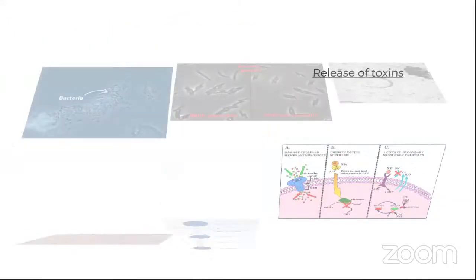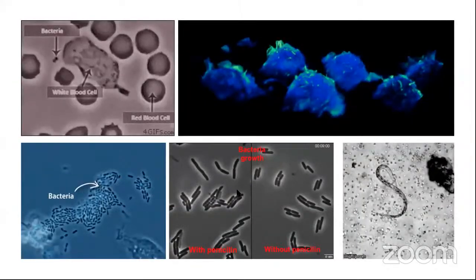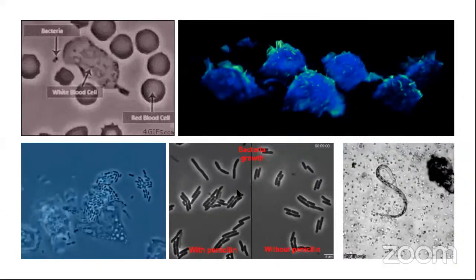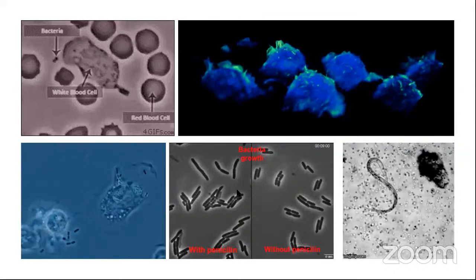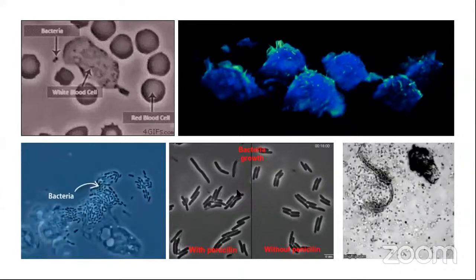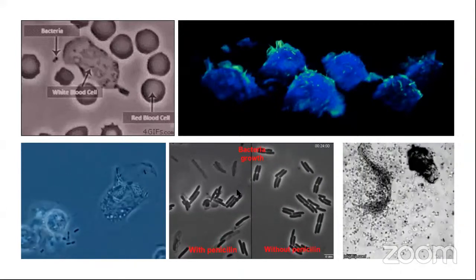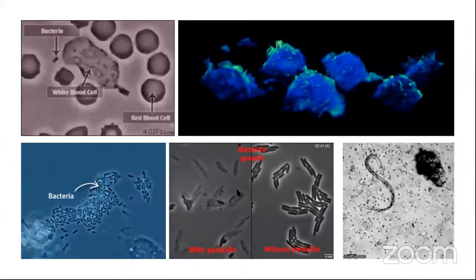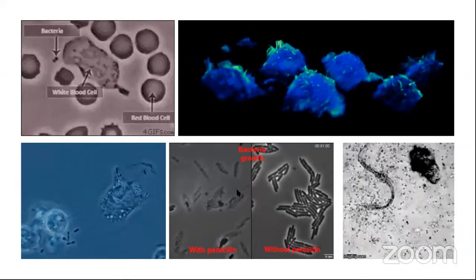Now, another important part that we'll talk about is the response, right? And so our bodies have these response mechanisms that include different ways that our body deals with these intruders. And we'll talk about how the immune system has several different types of responses.